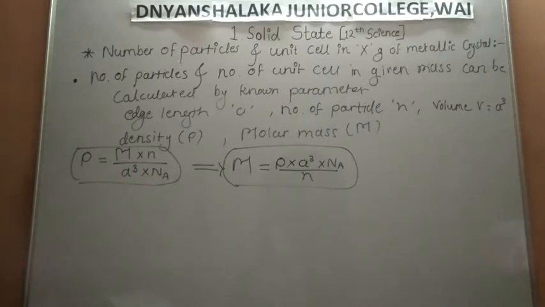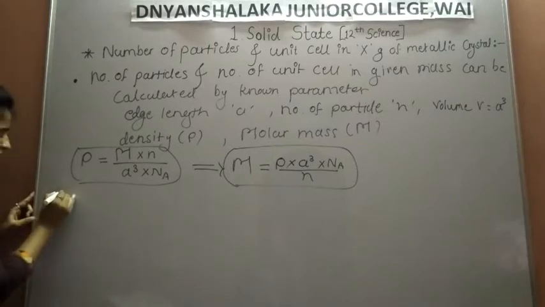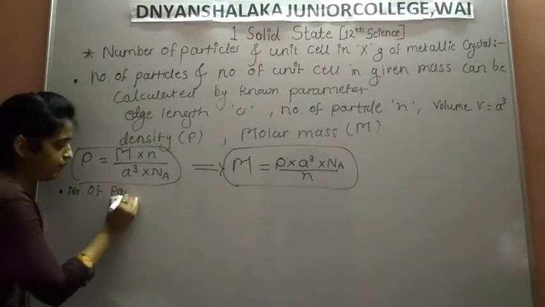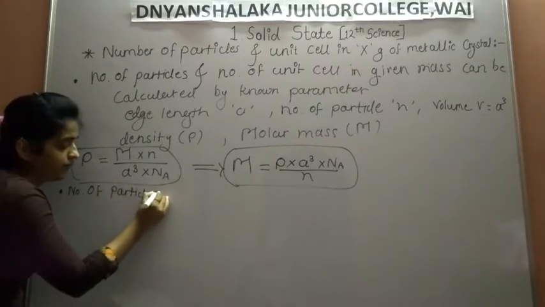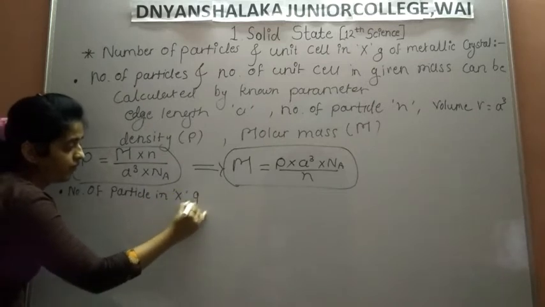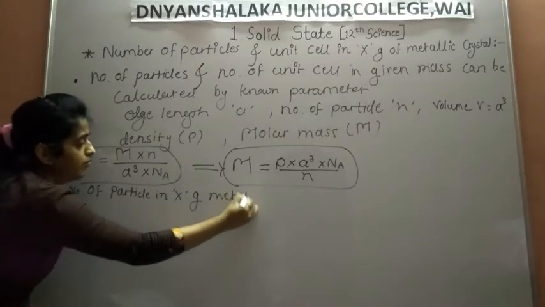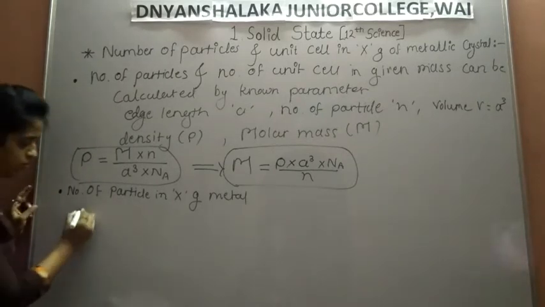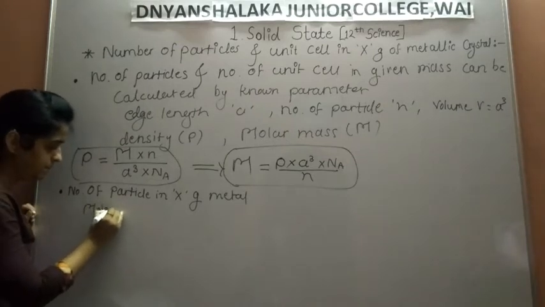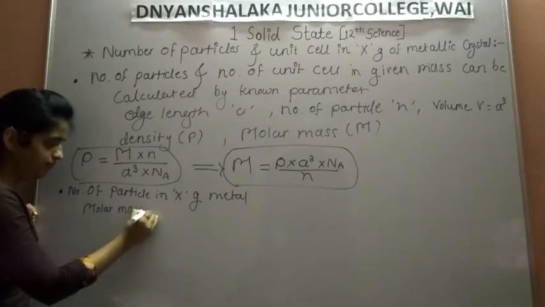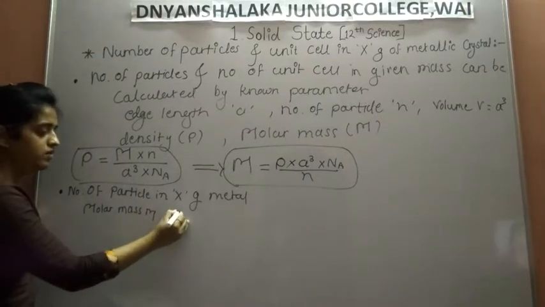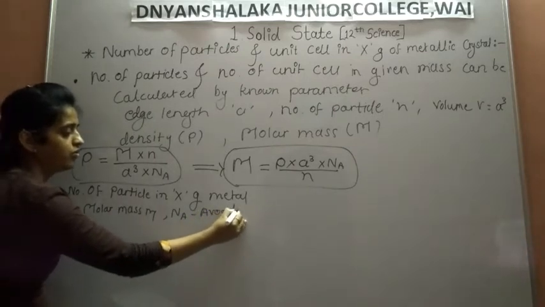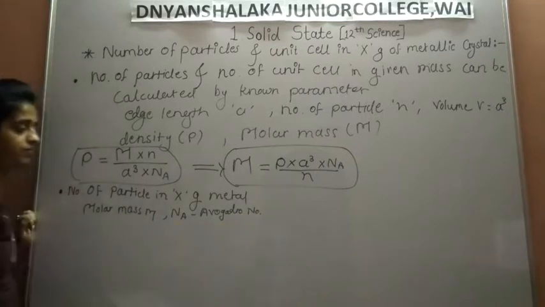Next we have to find the number of particles in x gram of metal crystal. The molar mass is symbol capital M, and the Avogadro number is Na.